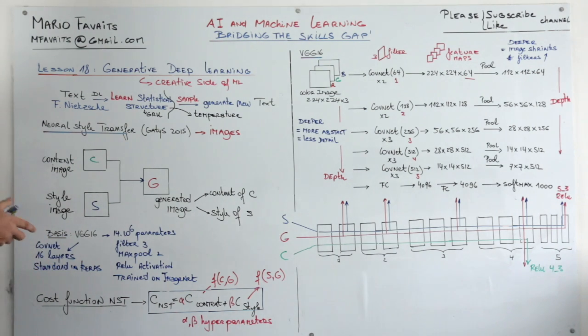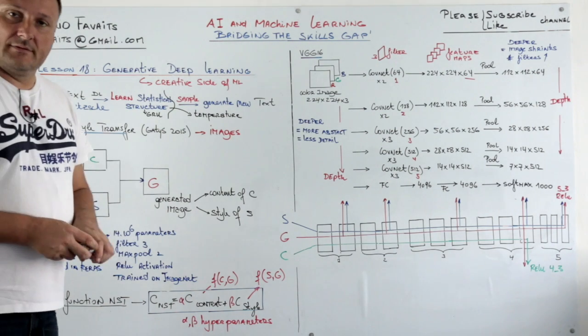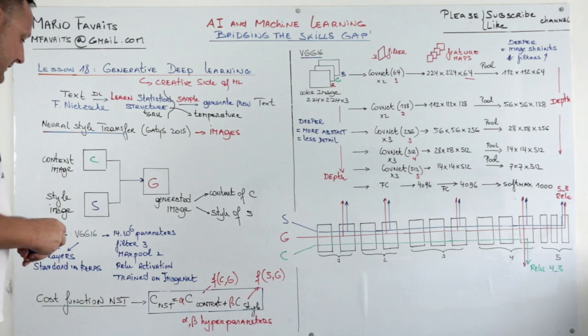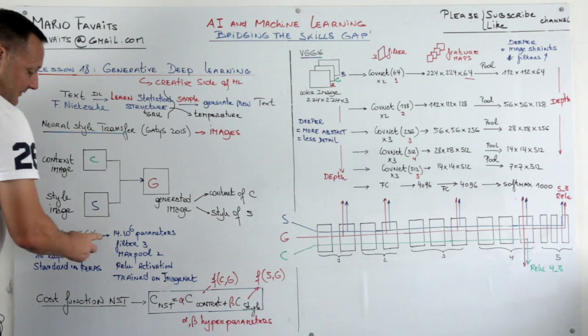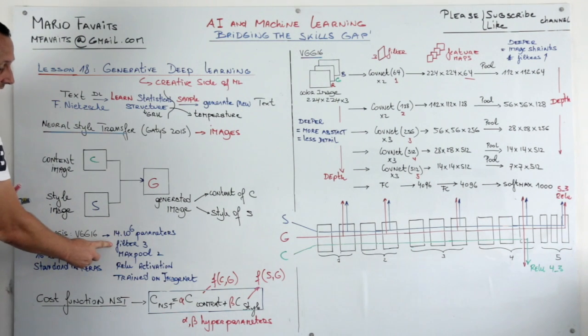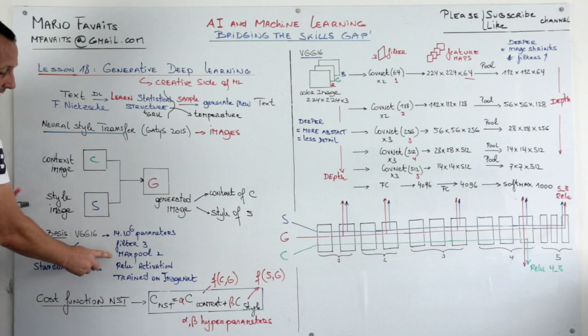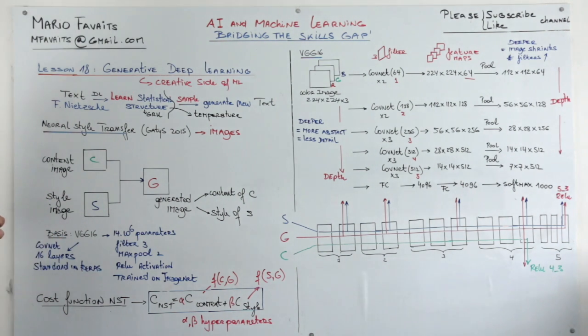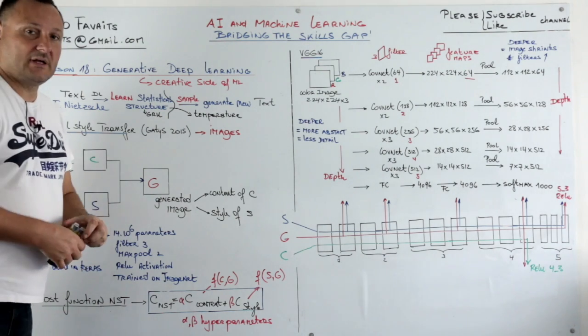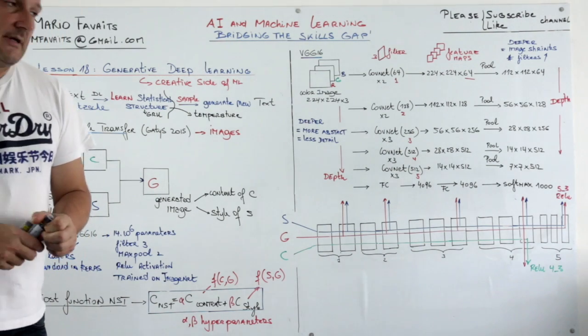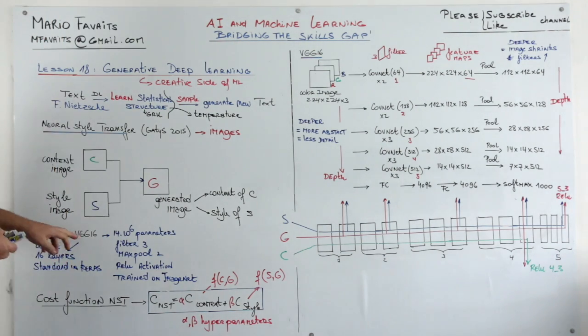It comes standard with Keras, so that's quite convenient as well. It has 14 million parameters. Filter size is 3, we do max pool size of 2, activation is ReLU, and it has been trained on ImageNet, as most of these ConvNets have been.